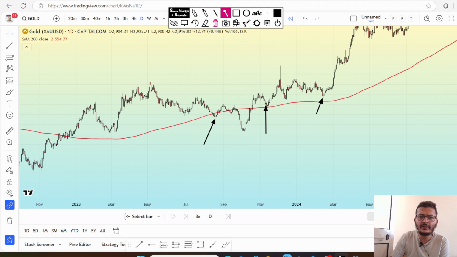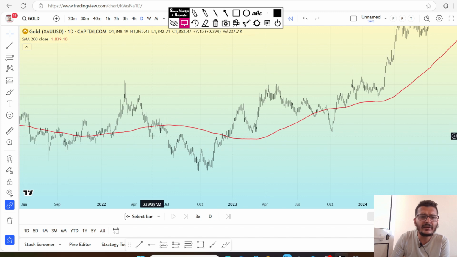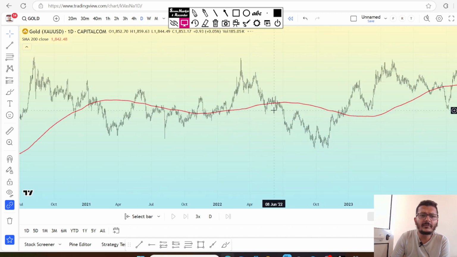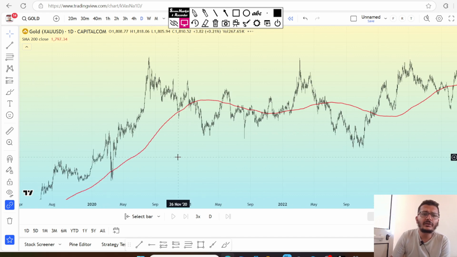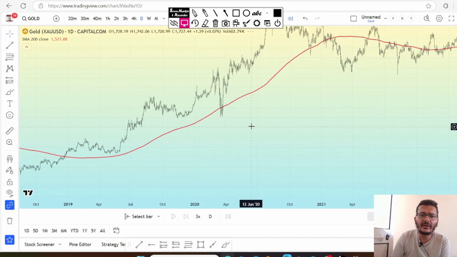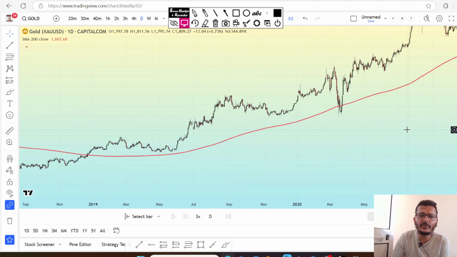That means whatever the moving average, whether it's 10 moving average, 20, 50, 200, 100, no matter. Our main intention is that the market will take support at the moving average, and you can take the trade at the moving average with the help of only the moving average.